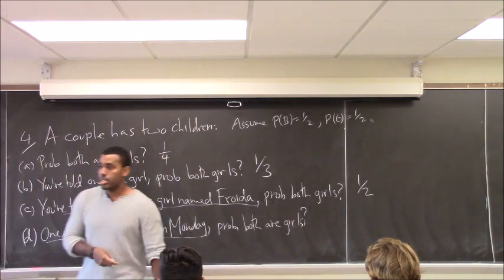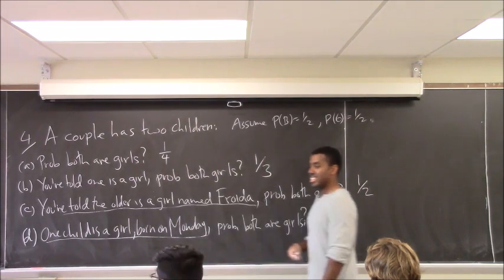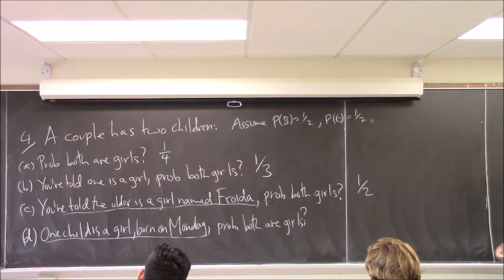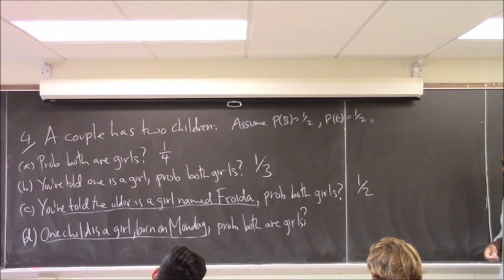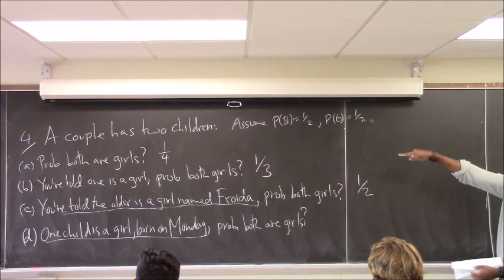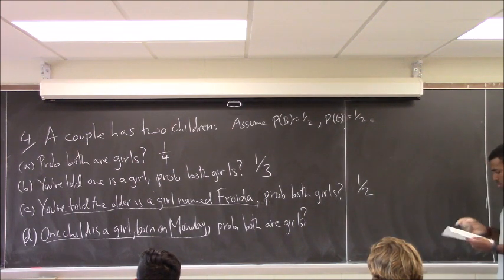Yeah. I haven't seen this one. Okay. I think it's still a 1/3. You say that it's the older child that's Freuda, whereas in the case of D, you don't say which girl is which. Yeah. I think that would be the same. Oh, so you think it goes back to a 1/3? I think because he said older, that's obvious.